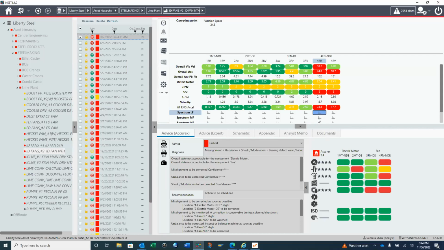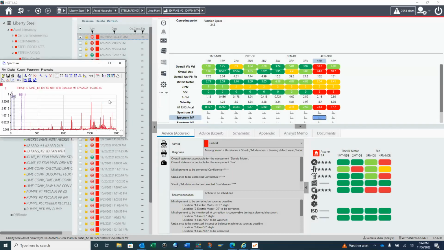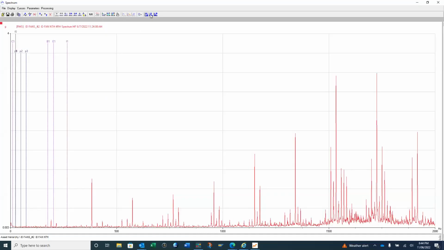So how much is the RPM? 24.8 times 60, 1488 RPM. And then you have 2.25 hertz. Yeah, 2.25 hertz.